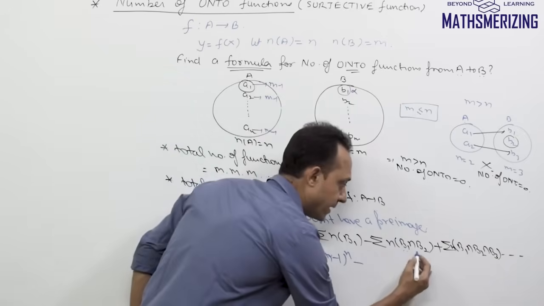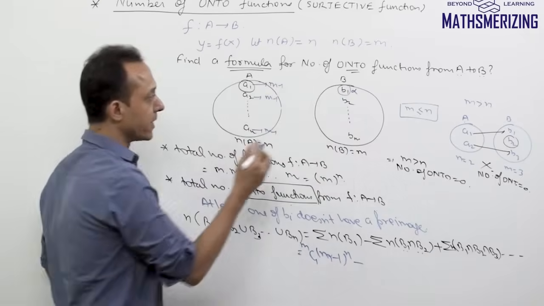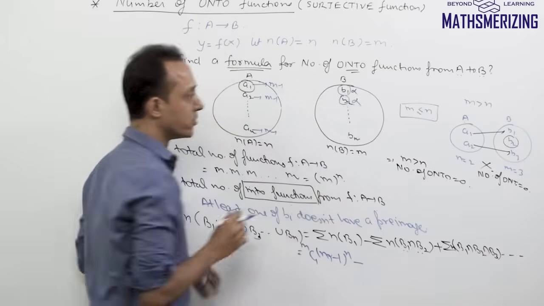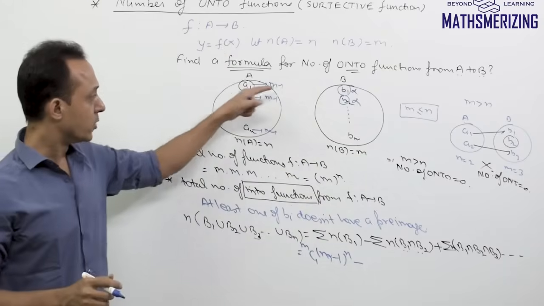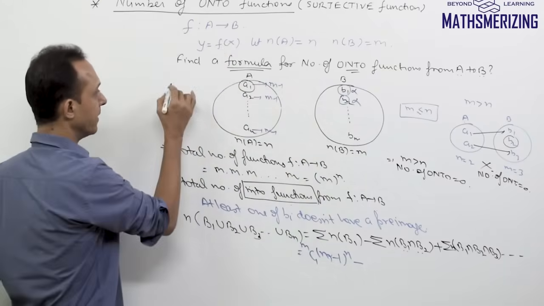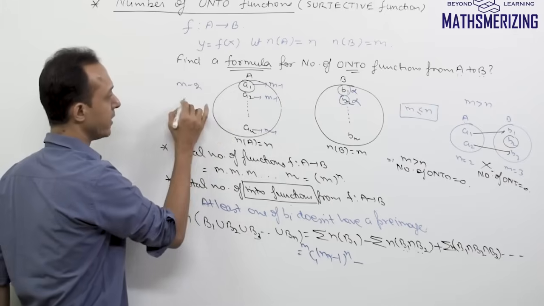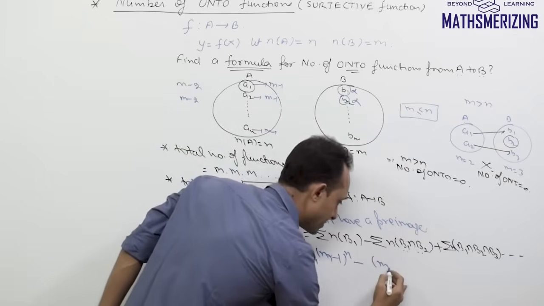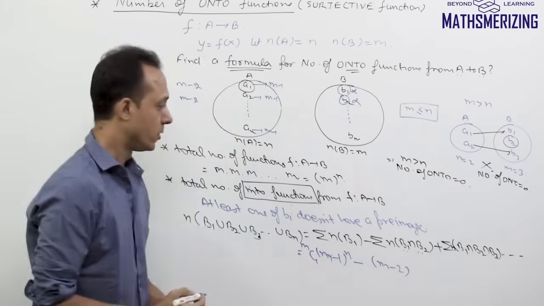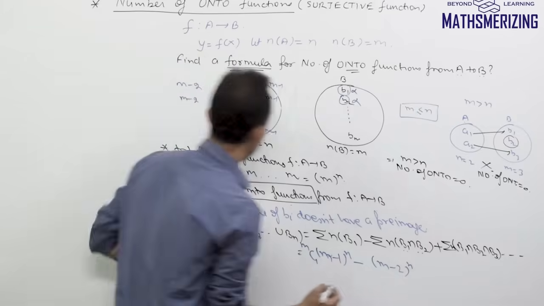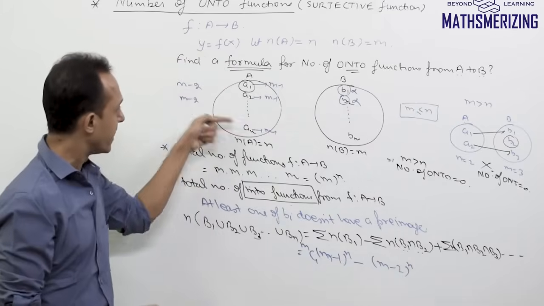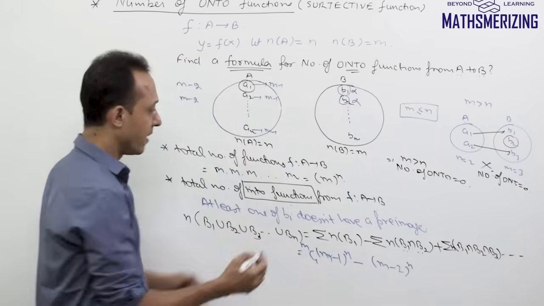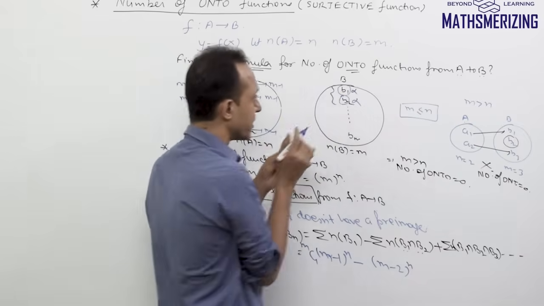Now what about B1 intersection B2? It simply means that B1 is missing and B2 is also missing. In this case, the total number of choices for A1 is simply m-2. For A2 also, it will be m-2. So it will be (m-2) to the power n, because for each A1, A2 and An, I have m-2 choices. And now in how many ways can I select a combination of two elements?